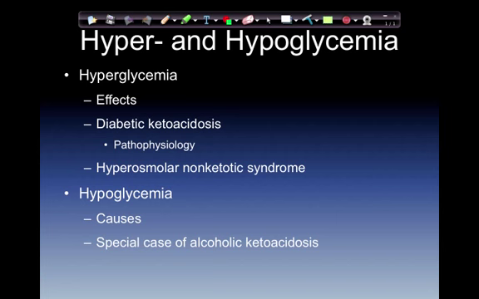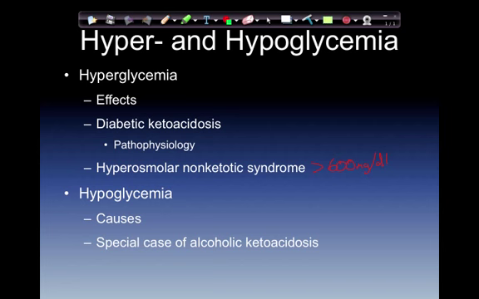We have something called hyperosmolar non-ketotic syndrome, or non-ketotic hyperosmolar acidosis. Some may have extremely high blood glucose levels, which would be greater than 600 milligrams per deciliter. Most of the time, your glucometry will just say high on these patients.